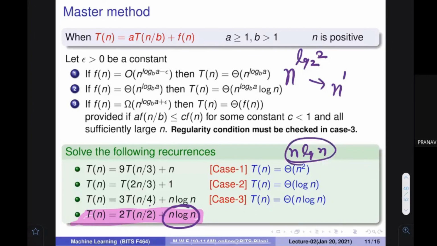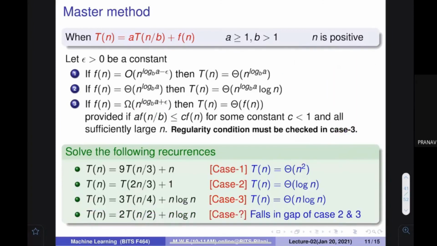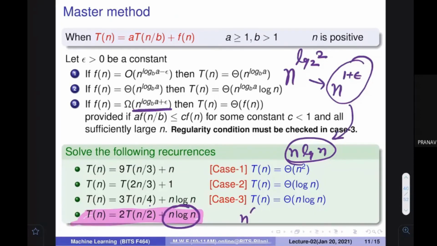But actually it is not, because here you have to compare with n to the power 1 plus epsilon. So I have to find out n to the power 1 plus epsilon and compare this thing with this thing. Essentially it means that I have to compare n to the power epsilon.